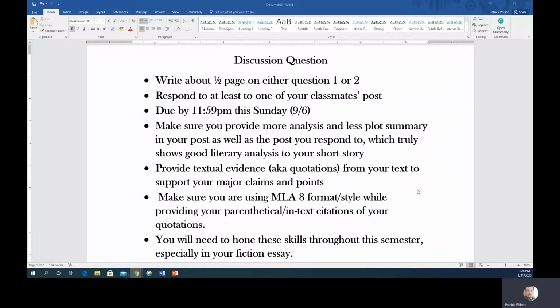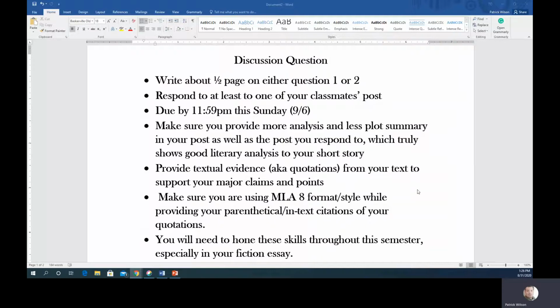Now, after you post your particular response, make sure, of course, that you proofread and edit, that you're using the proper MLA 8 format, that type of stuff. You will need to come back at some point and respond to at least one of your other classmates' posts. That post needs to have about 5 sentences in it.